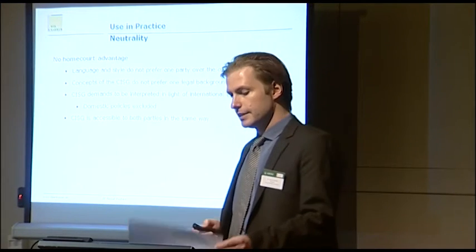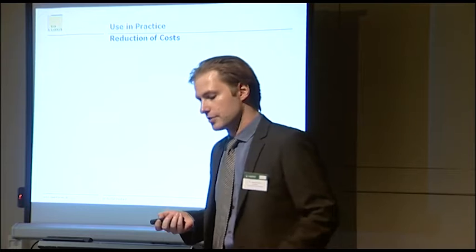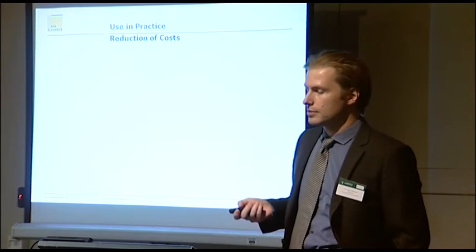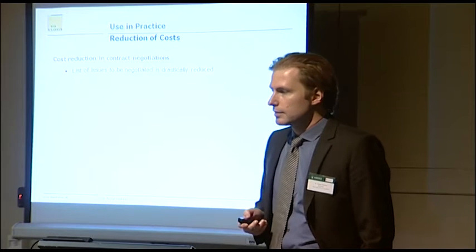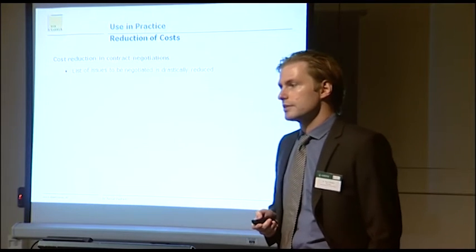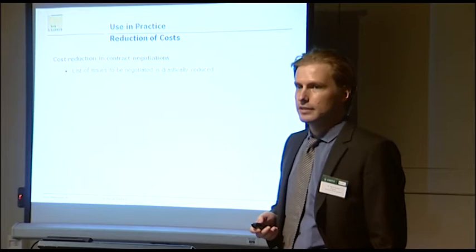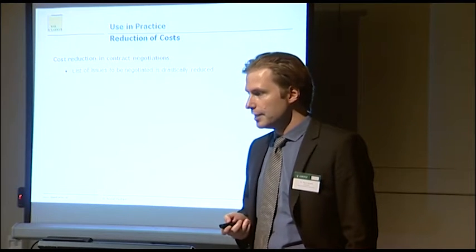This immediately leads then to the reduction of costs. And first, regarding the costs in the contract negotiations. The list of issues to be negotiated is drastically reduced when contracting a CISG contract. Why?